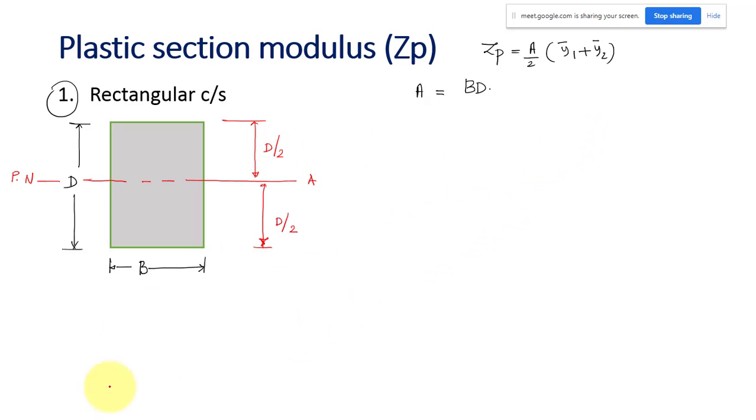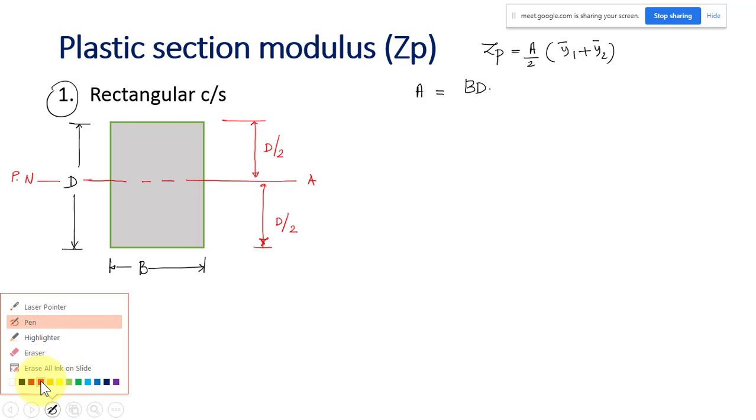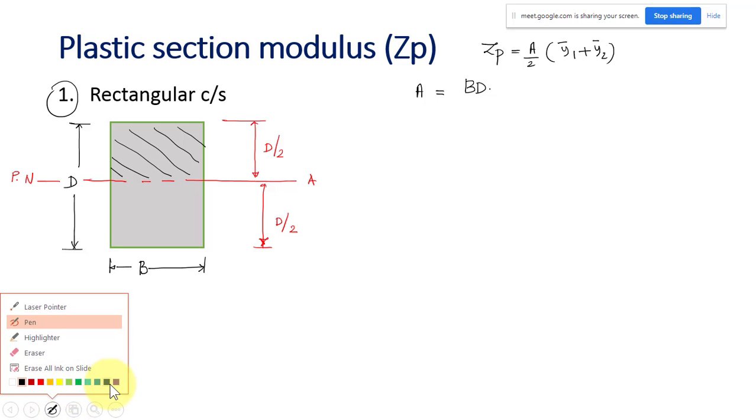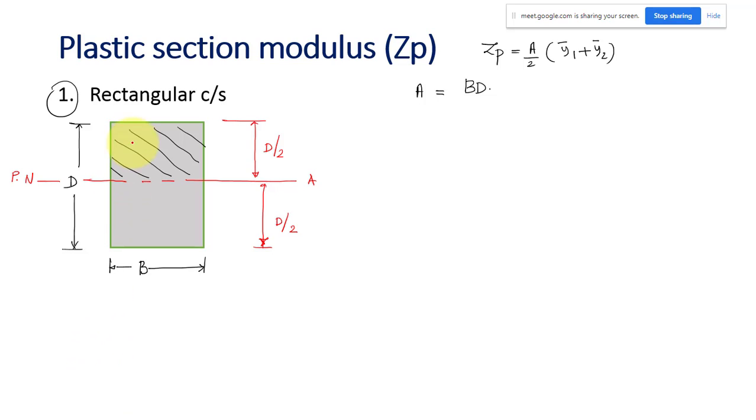And what is y1 bar and what is y2 bar? This is the area under compression. You have to find out where will be the CG of this section. Let us say somewhere here, and this distance is your y1 bar.